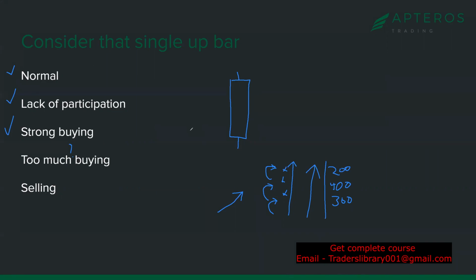And so if there's a ton of buying, that is, there were thousands and thousands of contracts bought, and maybe a recent bar looked like this for an up bar, and it only took 400 contracts to make it go that high. And this was 4,000 contracts, and it only went this high. That's one of the ways that this bar could occur.